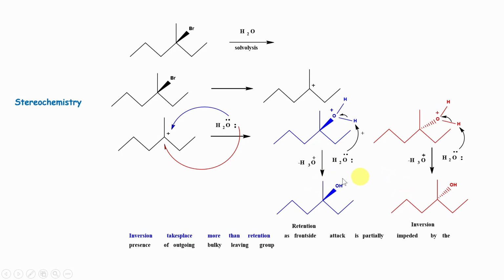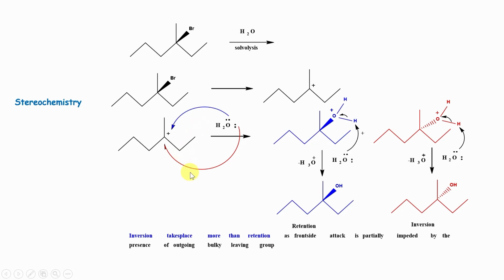So we will get both the molecules, a mixture of alcohols with retention of configuration and inversion of configuration. But usually in SN1 reaction, the molecules with the inverted configuration are obtained more than the molecules with retention of configuration, because the front side attack is partially impeded by the presence of the outgoing bulky leaving group. Here the bromide ion is bulky, or sometimes it may be iodide.